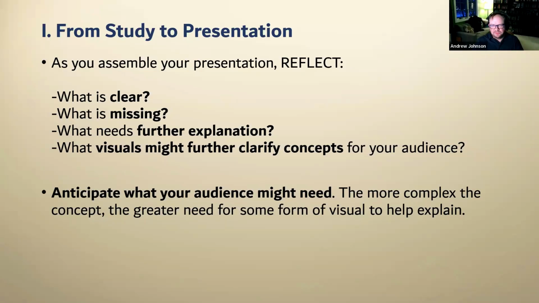And what visuals might further clarify concepts for your audience? Because it's really important that we anticipate what our audiences need. The talk isn't for us specifically. It may benefit us while we're putting it together, but the talk is for other people. What needs to be clarified for our audience?